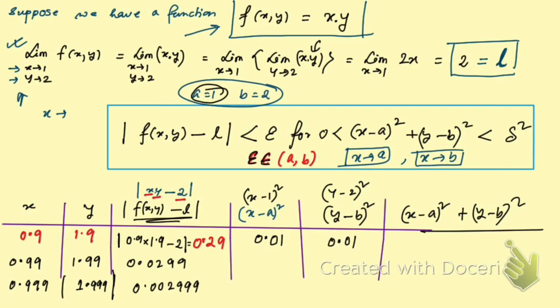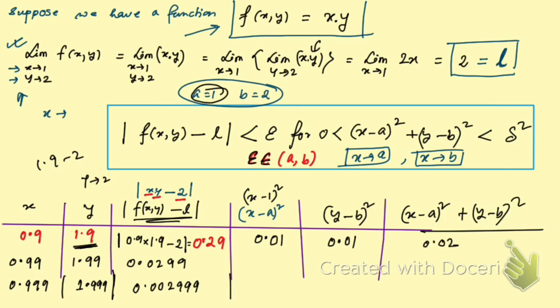As I have written y tends to 2, so b is 2 here, so y minus b is 1.9 minus 2, that's going to be again minus 0.1, and on squaring 0.1 we have got 0.01. So hope you have understood this. Then here we're going to have 0.02.